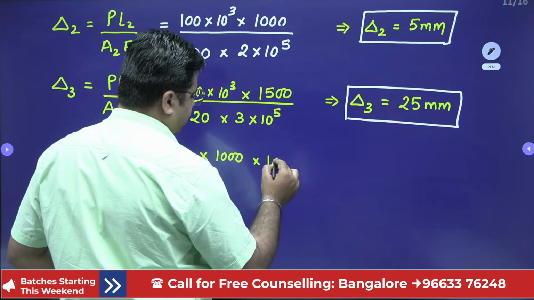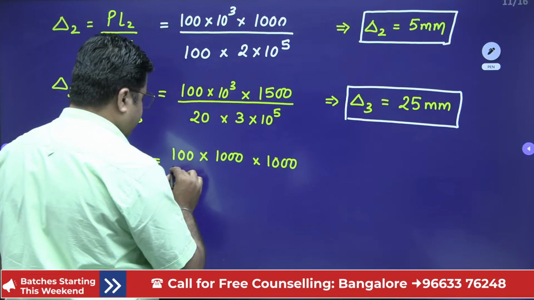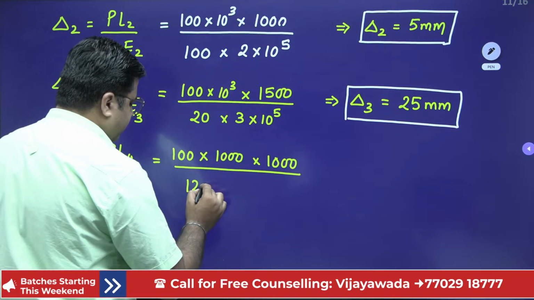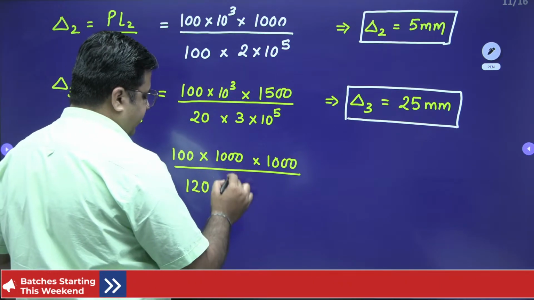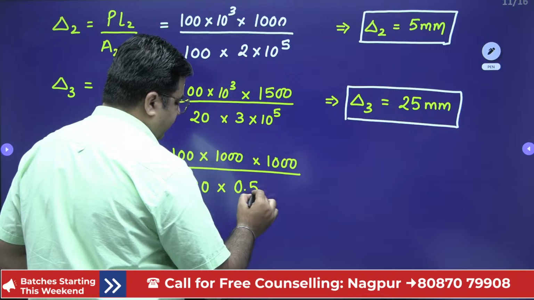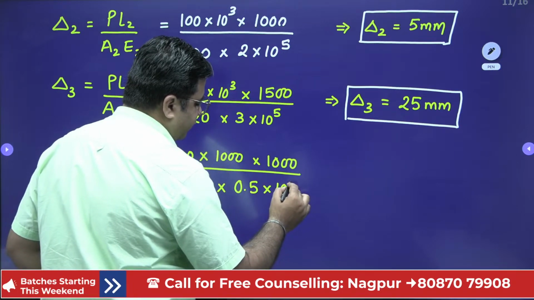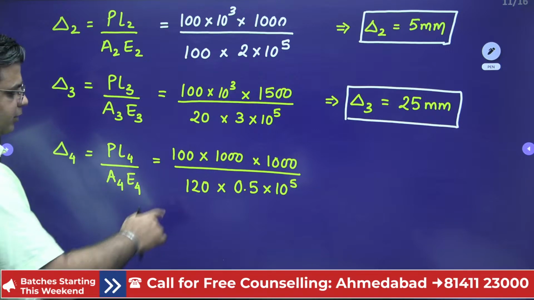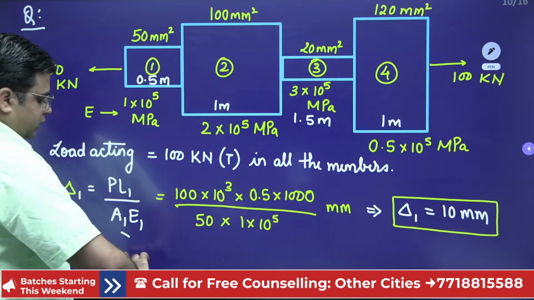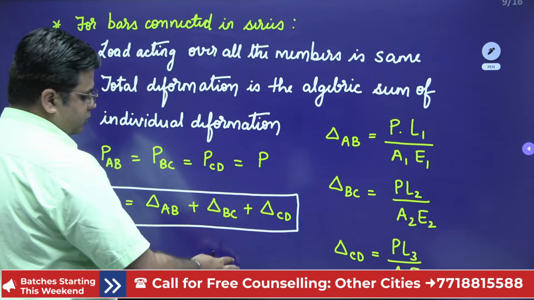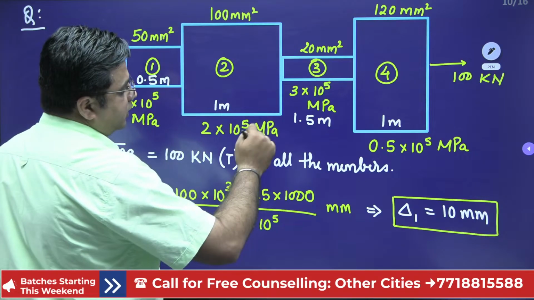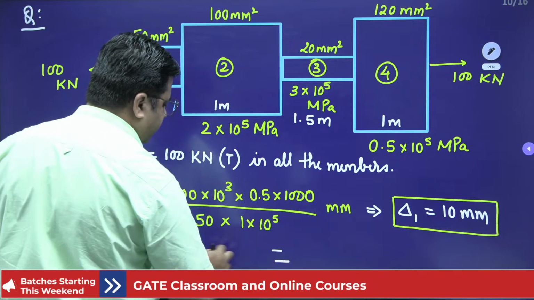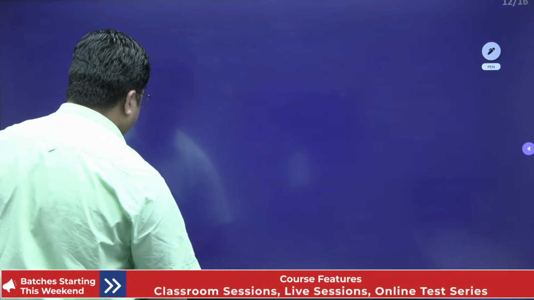So this is your L4, 1000 mm, divided by area, which is 120 mm square, multiplied by E. E is 0.5 into 10 raised to power 5 megapascal. So these are the details given to us.